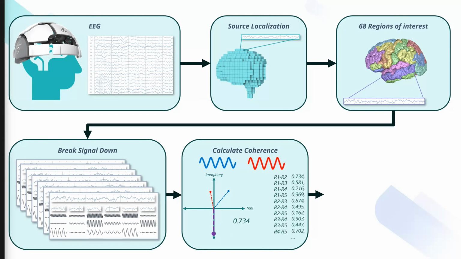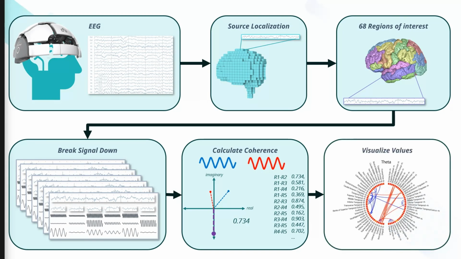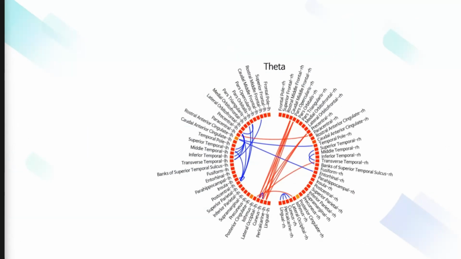Then we can do that for all the possible combinations, region 1 to region 2, region 1 to region 3, region 3 to region 64. All those different combinations will give us a different coherence value, or imaginary coherence value. And lastly, we can visualize these values in something that looks like this.